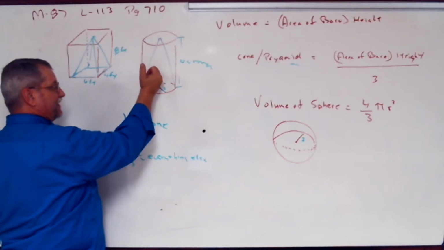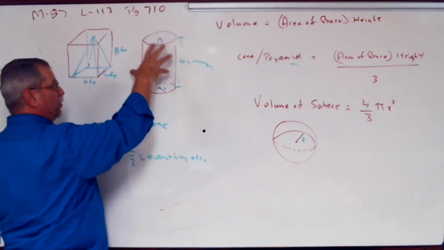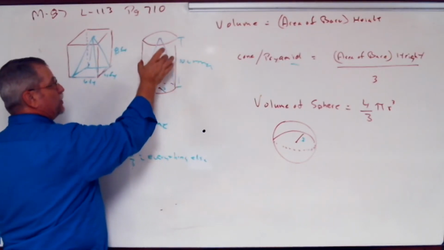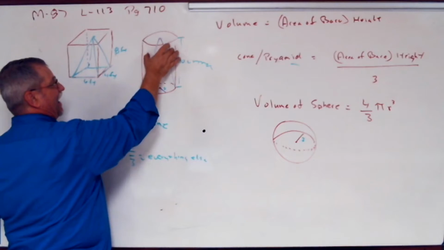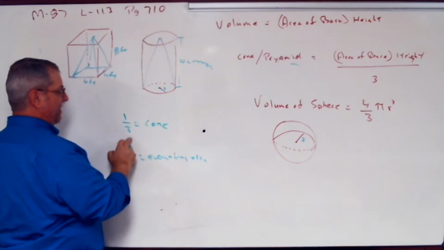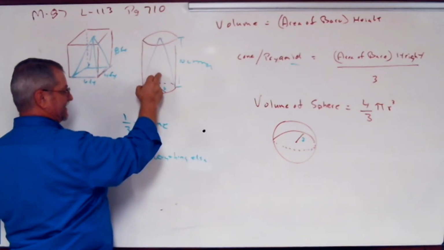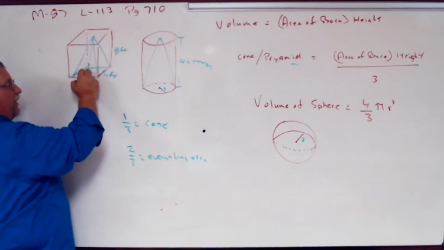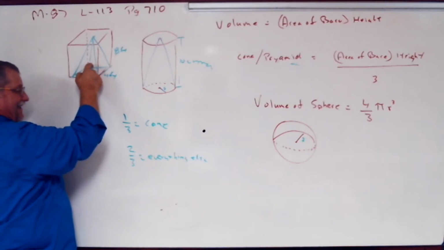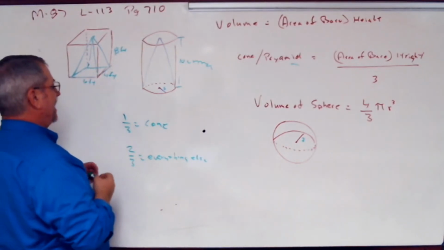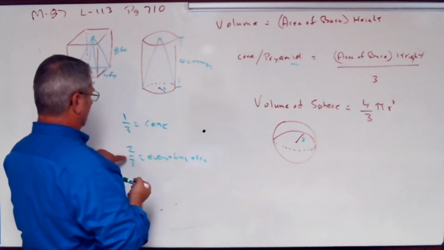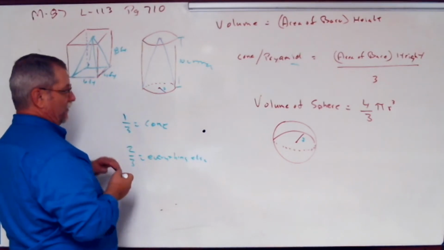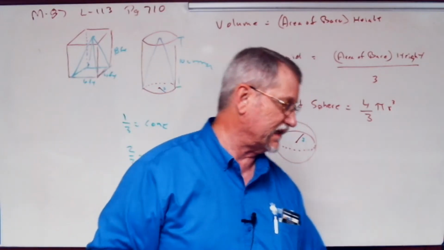If I was going to ship this cone in a cylindrical tube like this, and I had to put packing in it, 2/3 of this whole thing would be packing. 1/3 would be the cone itself. 2/3 would be the outside of this. 1/3 would be the pyramid itself. Does that make a little bit of sense? So if I added the cone plus everything, I have the entire thing. Let's leave that there for a second. 1/3 is the cone.